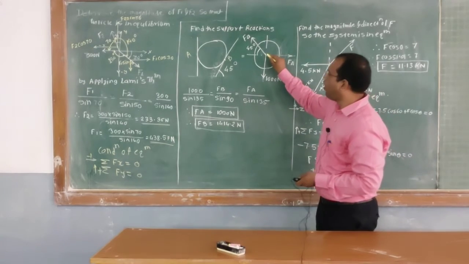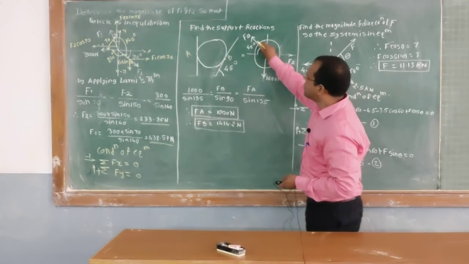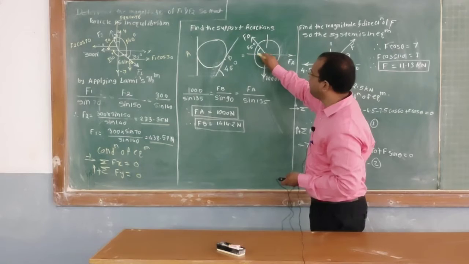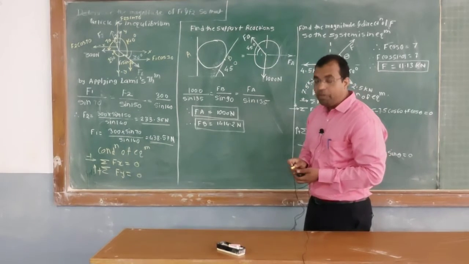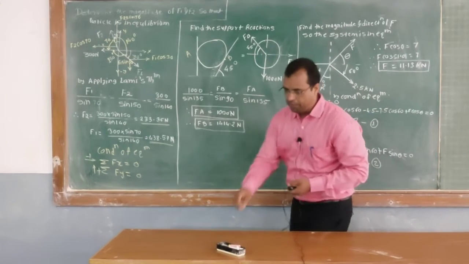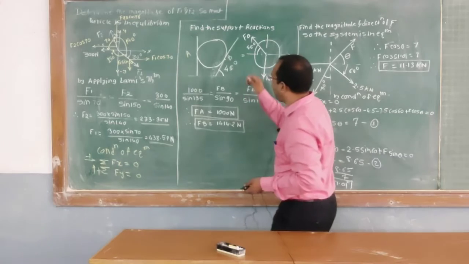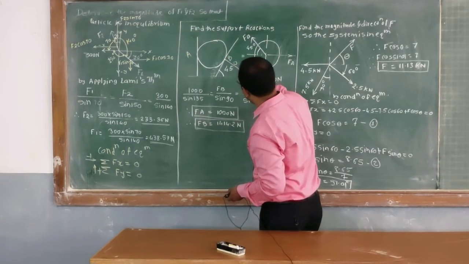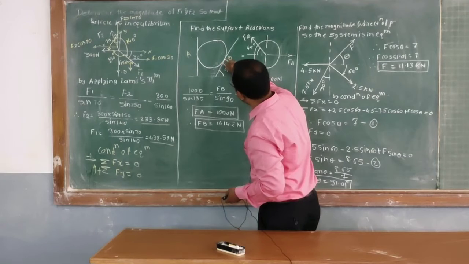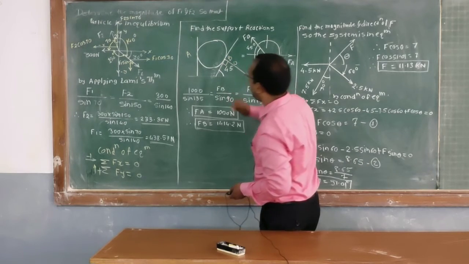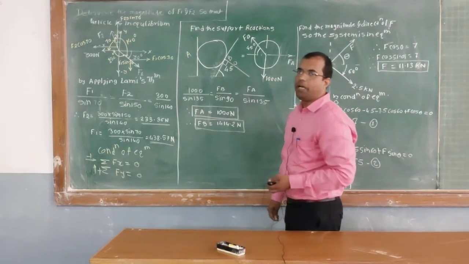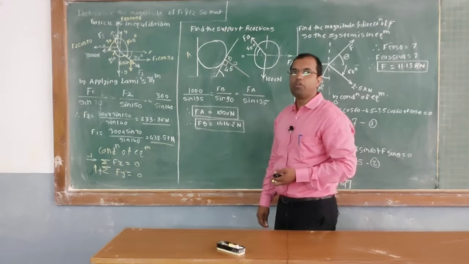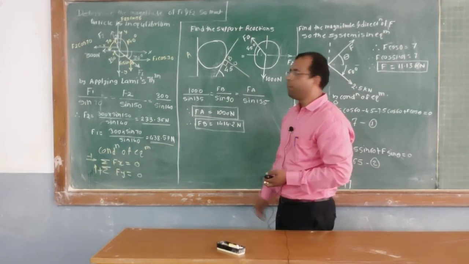Now the reaction offered at point B is at an angle of 45 degrees with respect to horizontal. How will it be 45? It's simple. We have to construct the triangle. As we know, the reaction at the point of contact is always perpendicular, at 90 degrees to the support.